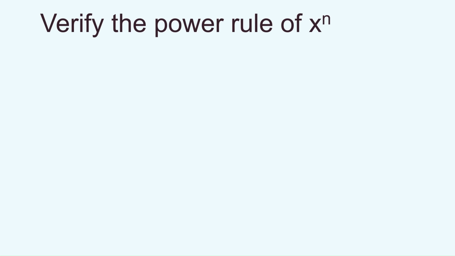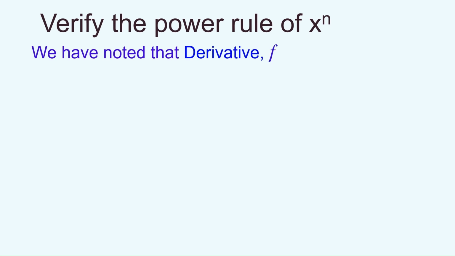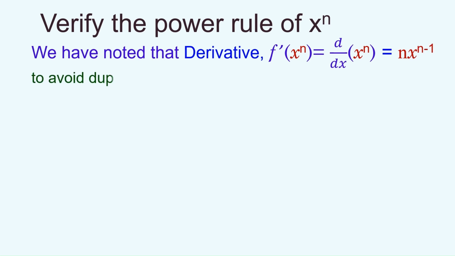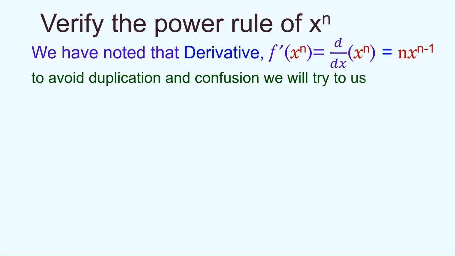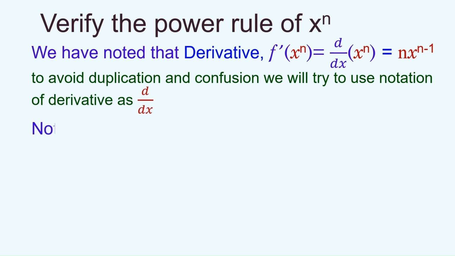Verify the power rule of x to the power of n. We have noted that the derivative f'(x) of x to the power of n, or d/dx of x to the power of n, equals n times x to the power of n minus 1. To avoid duplication and confusion, we will use the notation d/dx for the derivative.